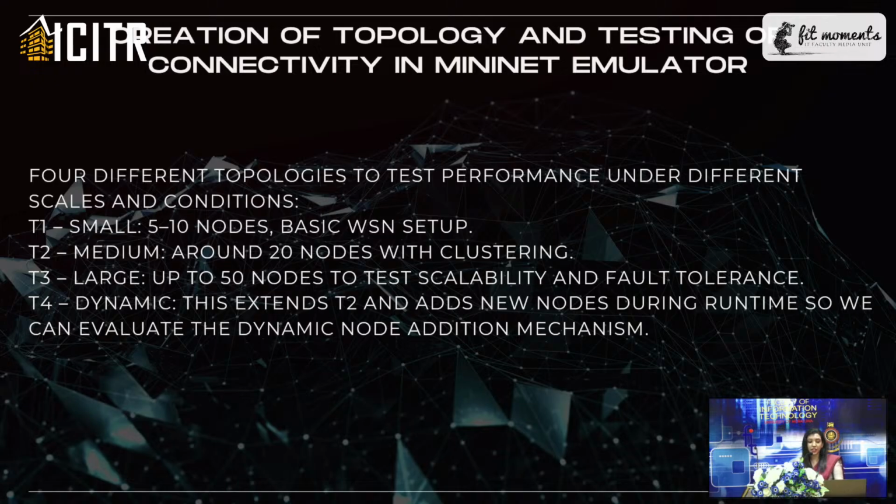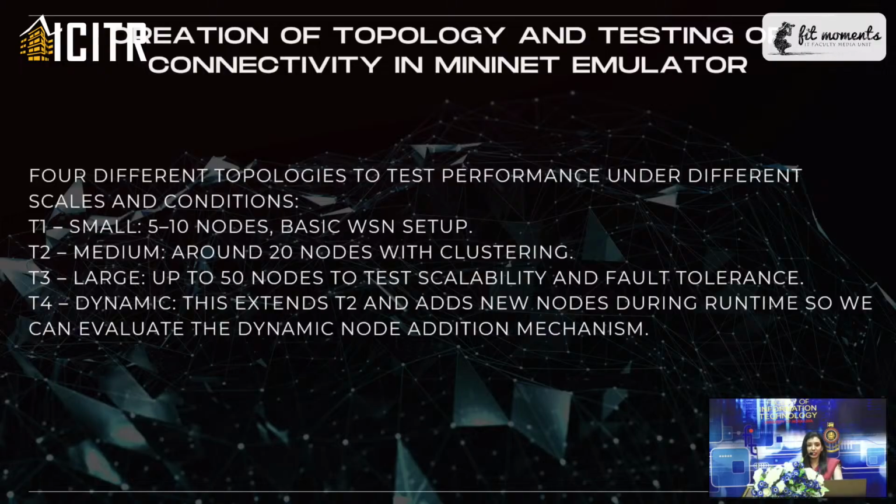So this is the creation of topology and testing of connectivity in the Mininet emulator. I have designed 4 different network topologies using the Mininet SDN emulator: T1, T2, T3 and T4. T1 is a small scale topology which consists of 5 to 10 nodes, 1 cluster and 1 gateway.